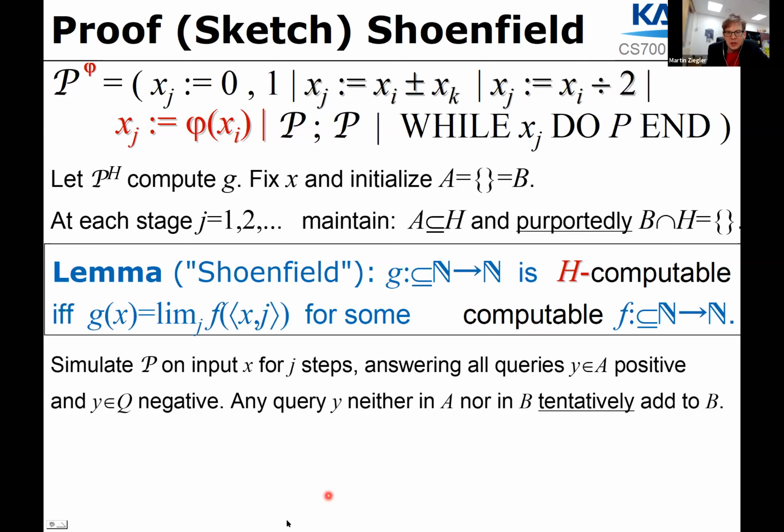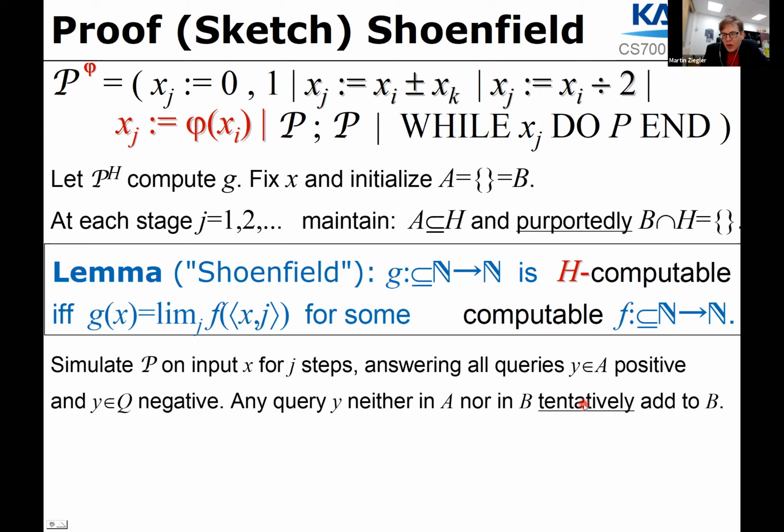We add such a query to the set B, which is supposed to be disjoint from H and therefore to consist of instances of the halting problem which do not terminate. Remember, H is a set of instances which terminate, and therefore being disjoint means all instances in B do not terminate. Now, this is emphasized as tentative.